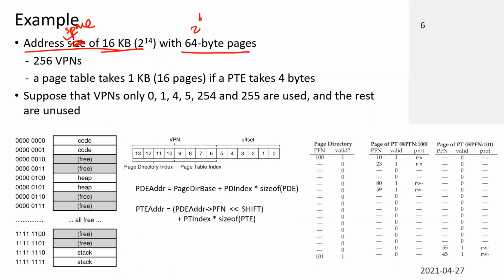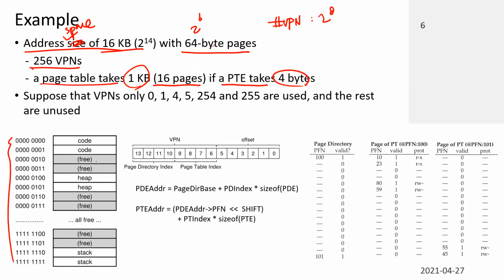And how many page table entries should be there in the page table? This number of VPNs should be there in a page table. So if we assume that a PTE takes 4 bytes, then what? The page table takes 1 kilobyte. And 1 kilobyte of the array will be contained in 16 pages.